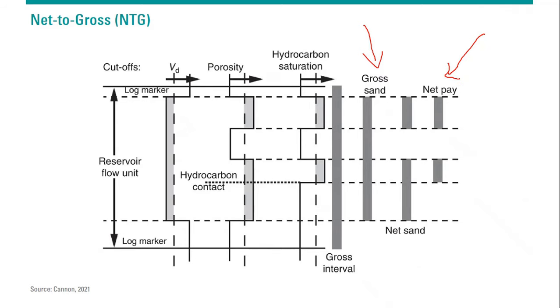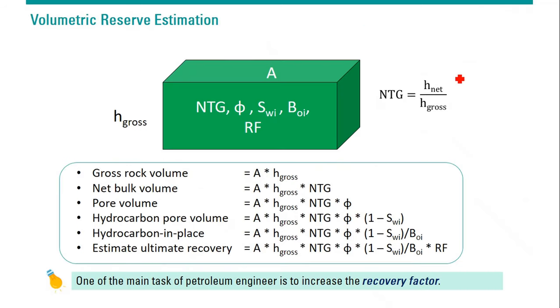And then all of the data you consider: you know the gross rock volume, area multiplied by thickness, and then net bulk volume, area thickness multiplied by net to gross, pore volume, area gross thickness, net to gross multiplied by porosity. Hydrocarbon pore volume is the pore volume multiplied by 1 minus water saturation.